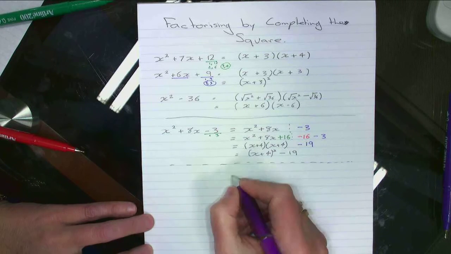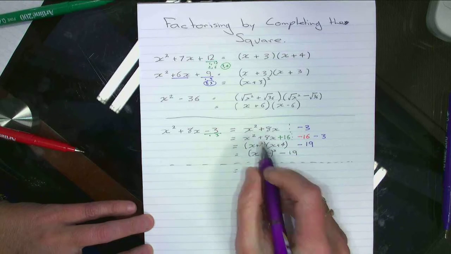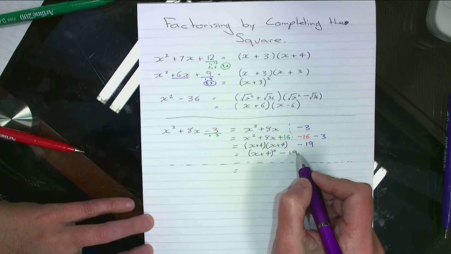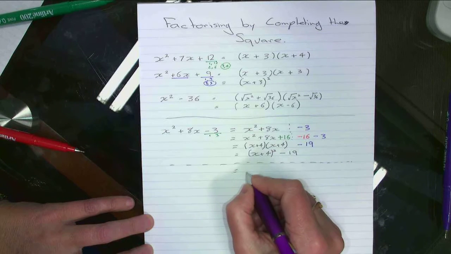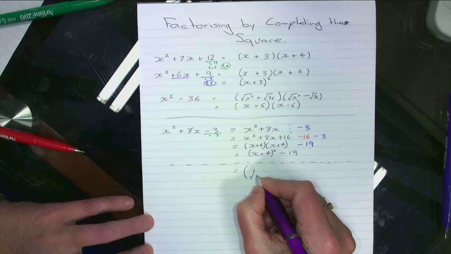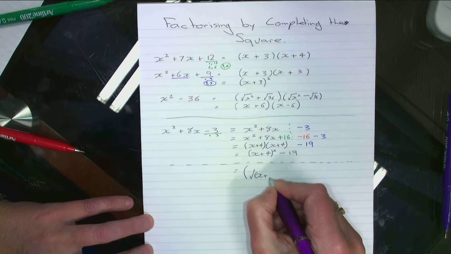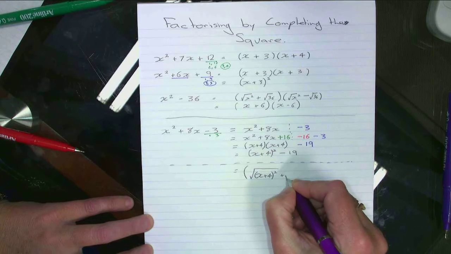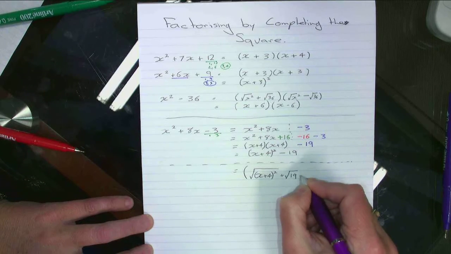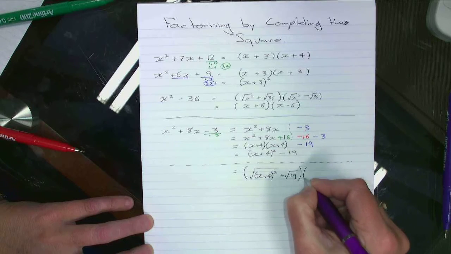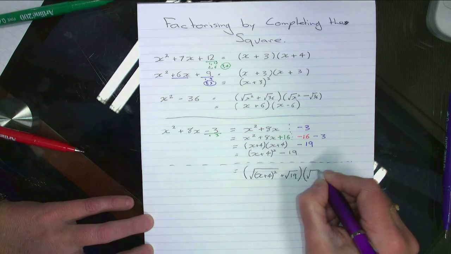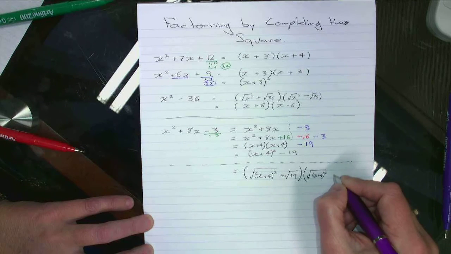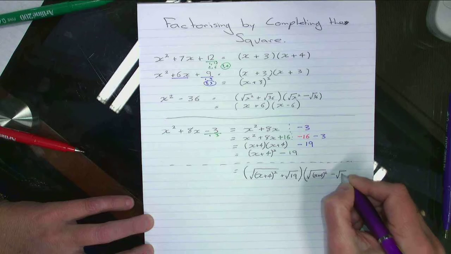So we can say that, like I did here, the square root of this term plus the square root of this term, so if I write that down, I'll write it a bit bigger, the square root of x plus 4 squared plus the square root of 19, so that's one set of brackets, and then in the other set of brackets is the square root of x plus 4 squared minus the square root of 19.